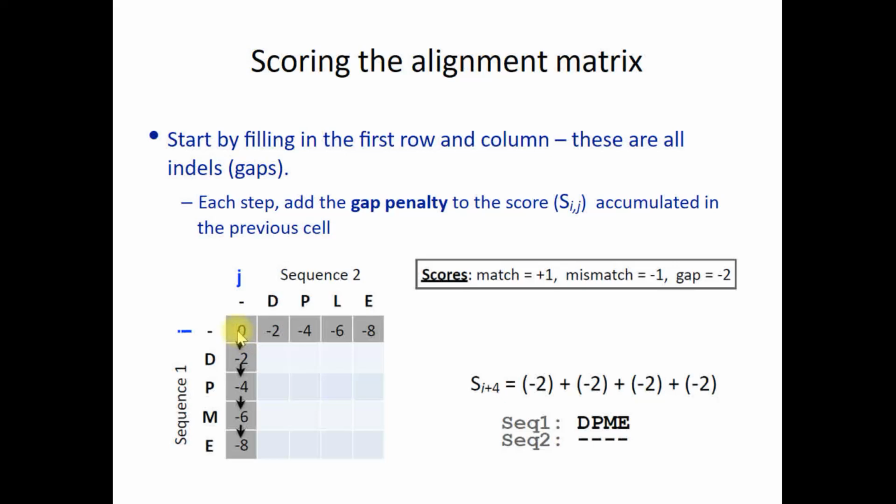And here those arrows show a path, or alignment. And here is its corresponding alignment view. So sequence 1 is aligned to 4 gaps of sequence 2.